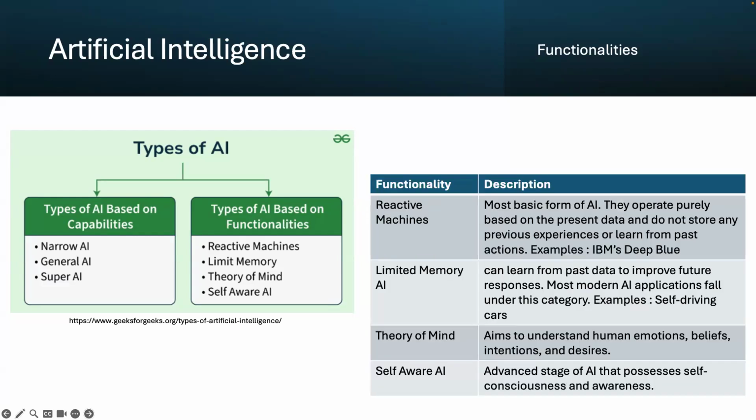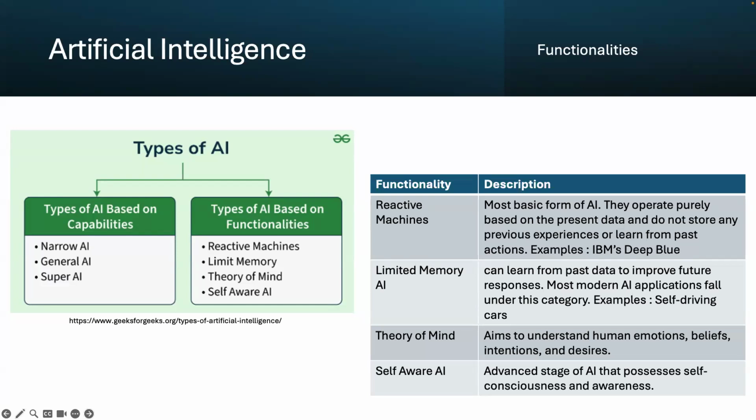Okay, when it comes to the functionality, the varied functionalities of AI systems, we have reactive machines, which are the most basic of AI systems that we see around. They do not store data, they just make decisions based on current context, like IBM's Deep Blue chess machine.